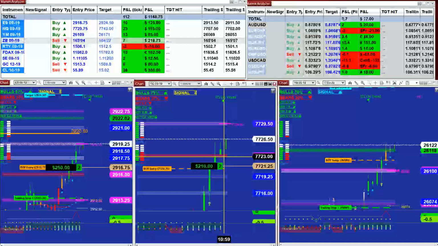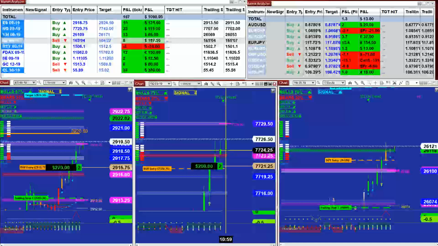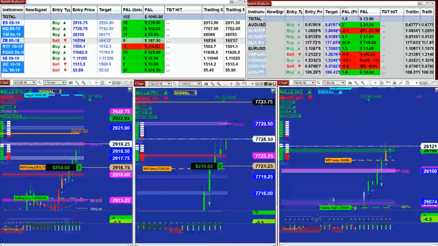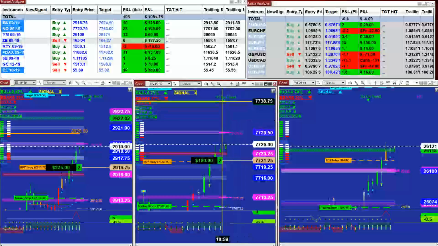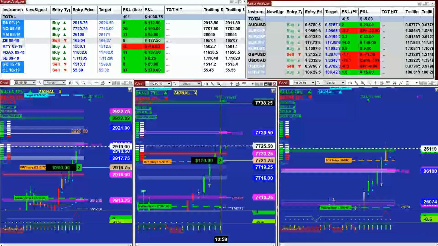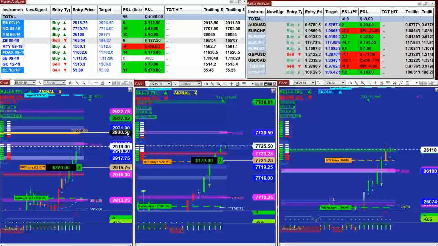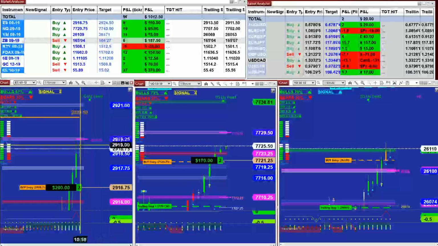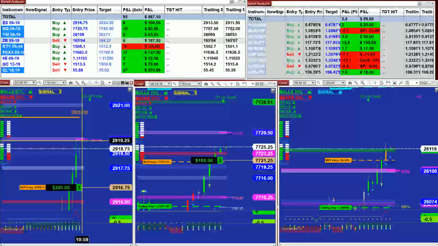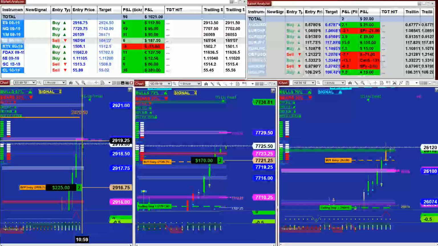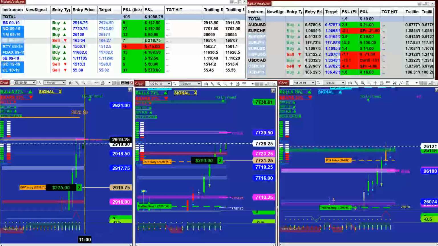So now I'm expecting this NASDAQ to go to 7729. Then, look. You see? We need to see the ES breaking that area here.